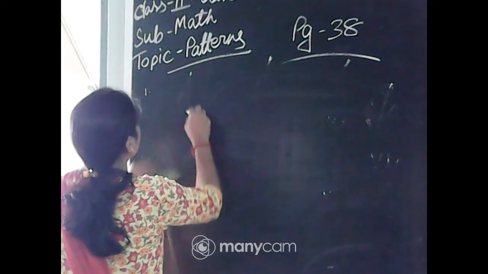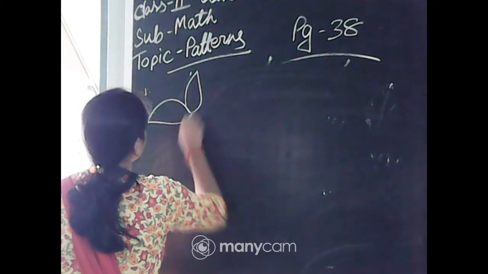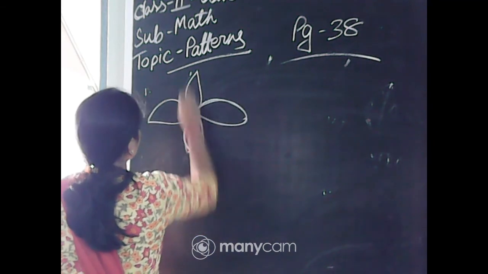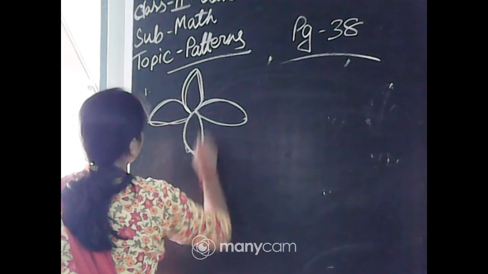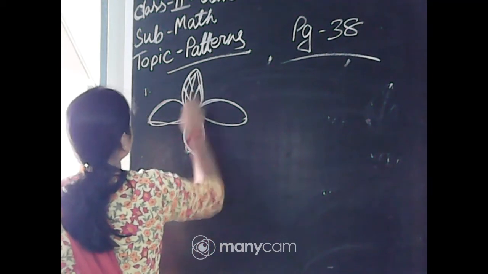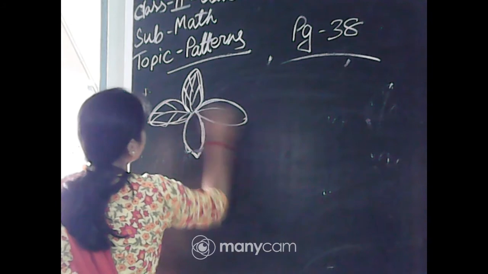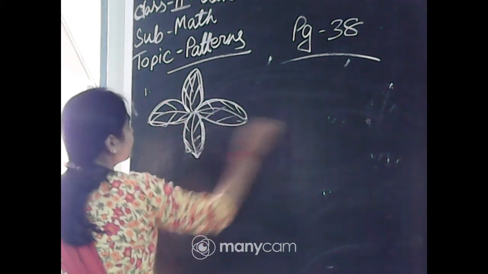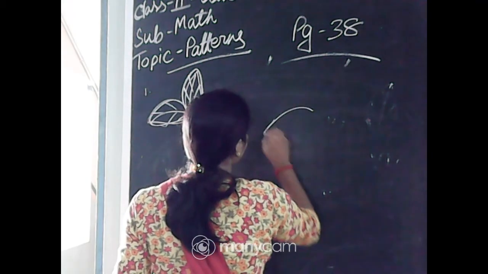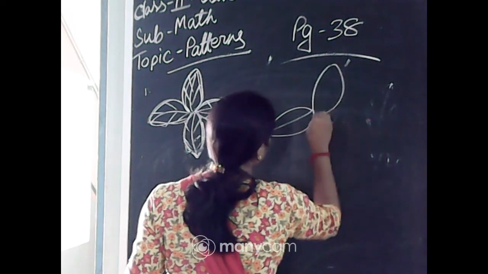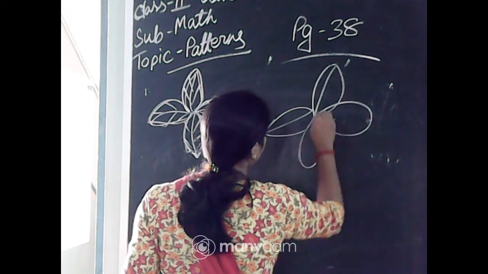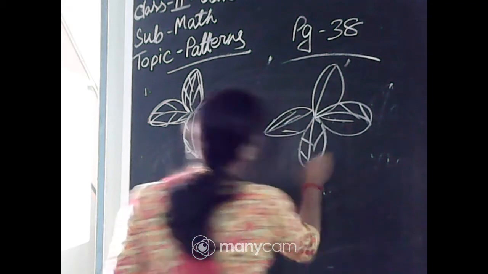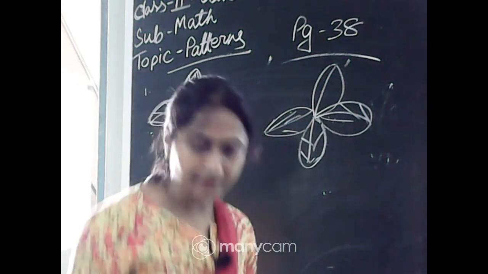Here, this is the leaf. You can make this pattern like a flower using the leaf. Using the leaves you can make patterns. Again four leaves you can make. You can make the pattern in this way like a flower. Okay. In this way also you can make.